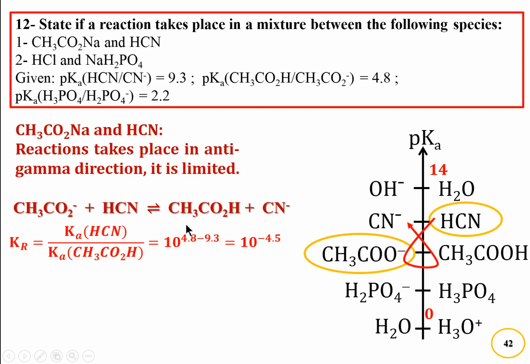So we multiply by the H3O+ concentration and we obtain K equal to Ka of the couple HCN divided by Ka of the couple acetic acid, so K equals 10 to the power minus 4.5.